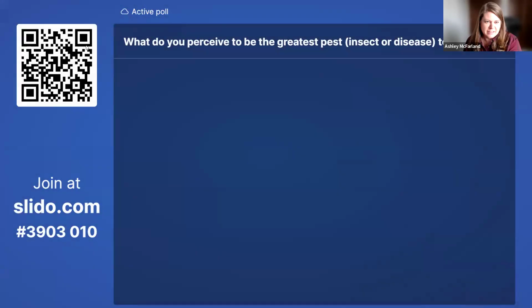All right. Okay, so if you've already gotten into Slido, I've got another poll. If you haven't been into Slido yet and want to participate, go ahead and scan that QR code or open a web browser to slido.com and enter that number.